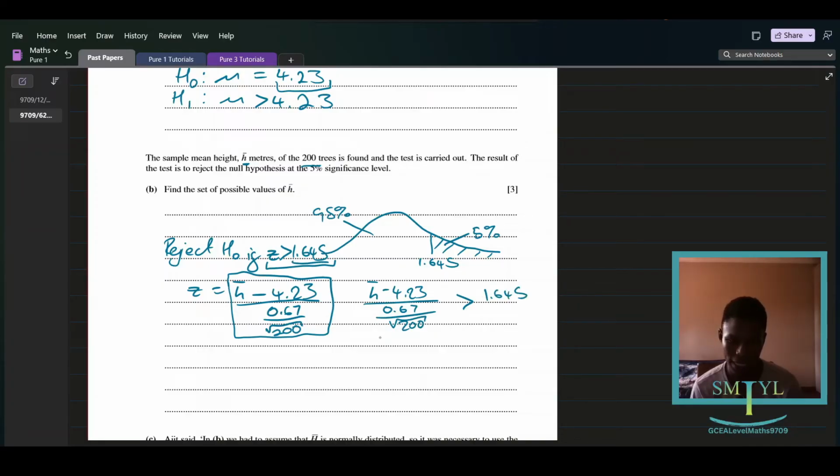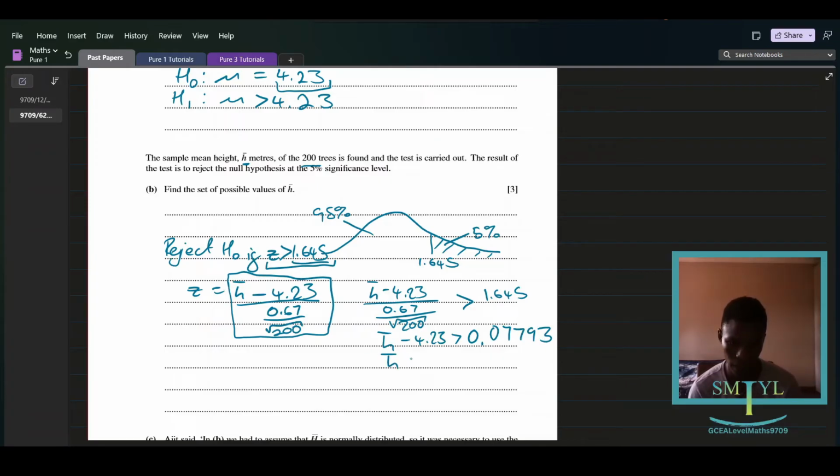Let's get rid of the denominator. H bar minus 4.23 is greater than 1.645 times 0.67 over the square root of 200. So that gives us 0.07793 to 4 significant figures.